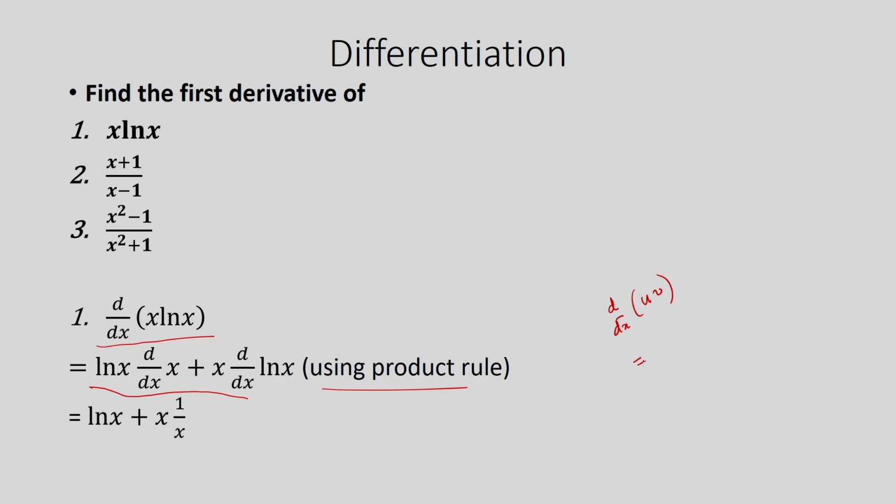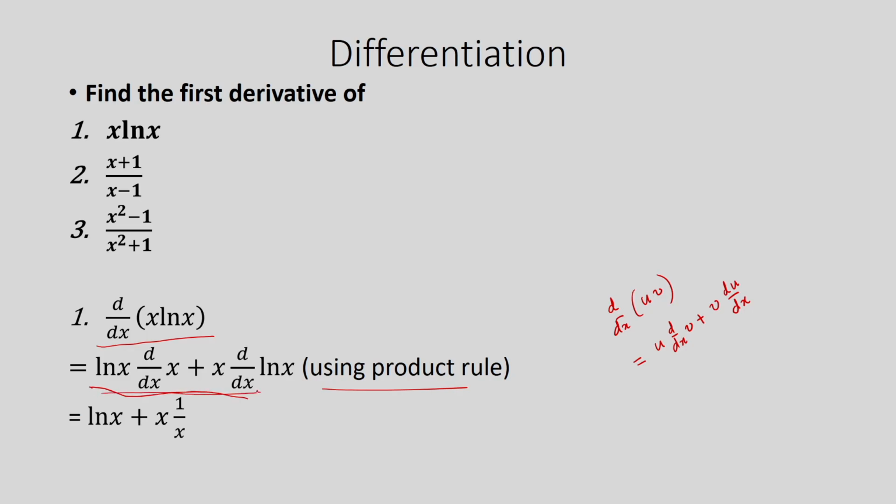We take the first function, u, and the derivative of the second function, plus the second function multiplied with the derivative of the first function.